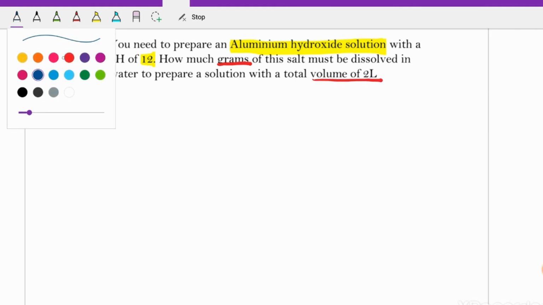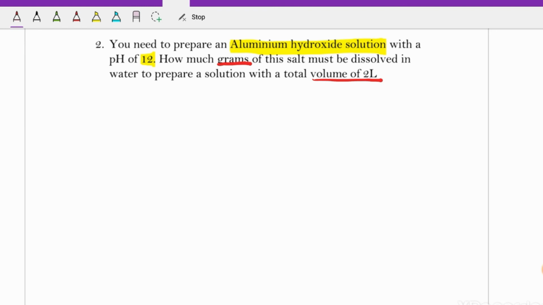So first of all, let's write down what we have. So we want the solution to have a pH of 12, right? We want to figure out what the mass should be, and we know that the volume is 2 cubed decimeters.